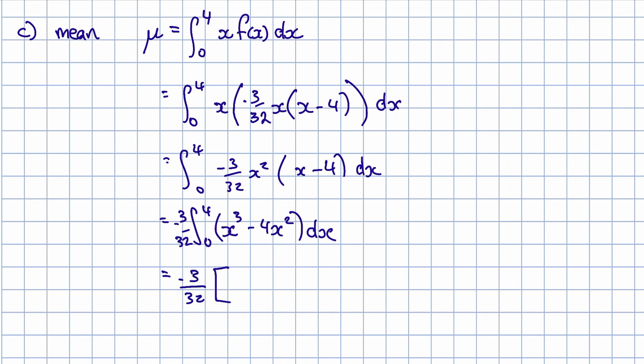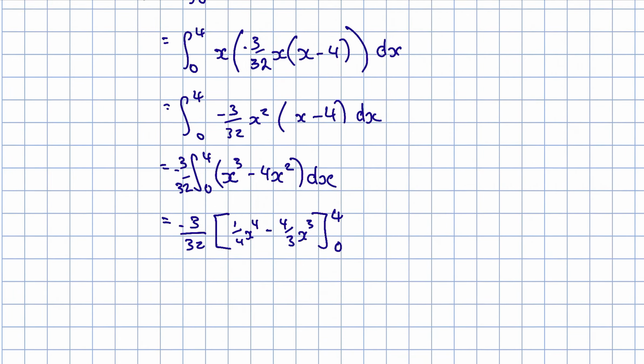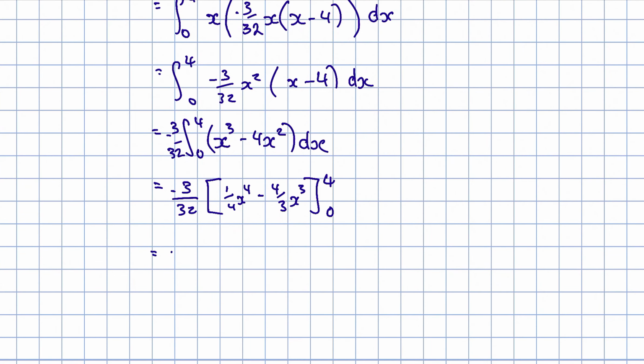So I'm going to do this integral. x cubed becomes a quarter x to the power 4, and we've got 4 on 3 x cubed, from 0 to 4. And we've got that minus 3 over 32 out the front. We can deal with that at the end, which just saves a bit of maths. We only really need to put the 4 in because when we put the 0 in, it's going to be 0.